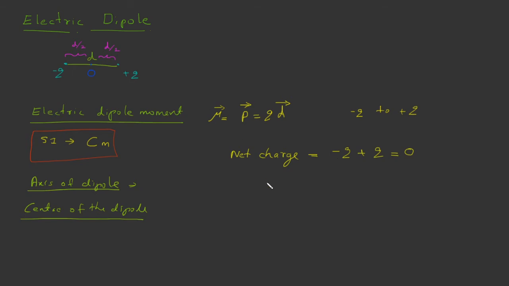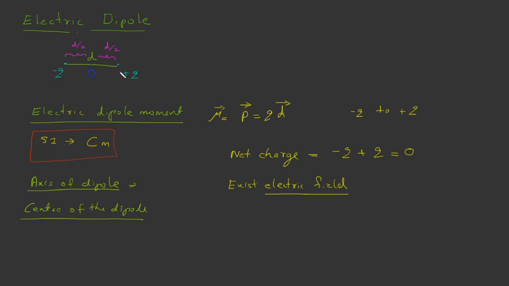But we know there exists electric field due to the electric dipole. Why? We know the electric field at a point is the vector sum of the electric fields due to these charges.